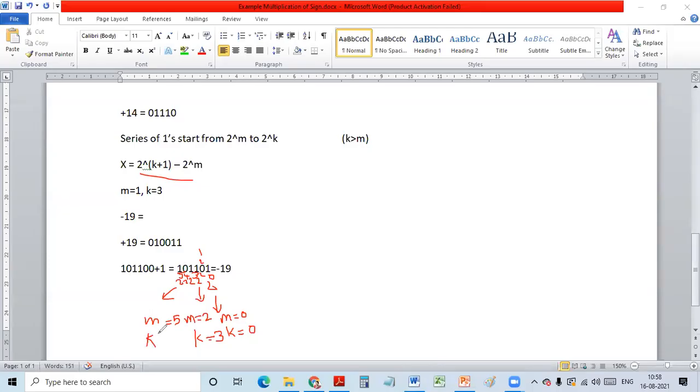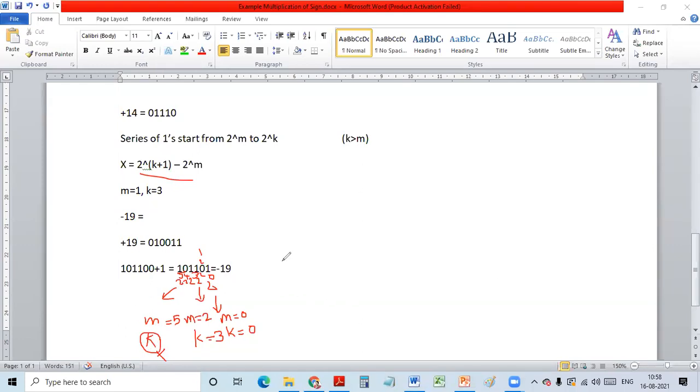It is not 5 because, see here, if it ends with zeros, then only the k value will be taken. Since it does not end with 0, there is no value for k. There won't be a k term in this value.